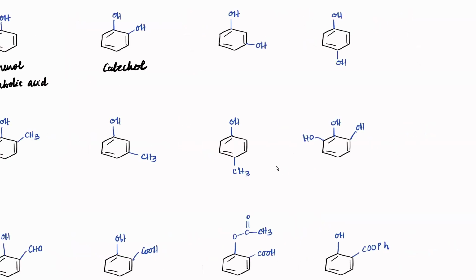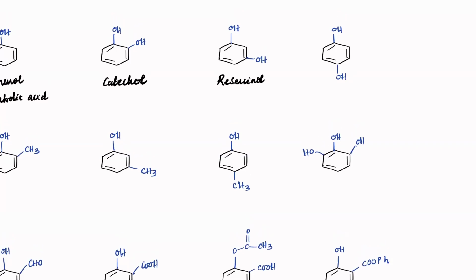It should be ortho to each other. If it is meta to each other, it is called resorcinol. And if it is OH and OH at para, it is called hydroquinol, or simply quinol.